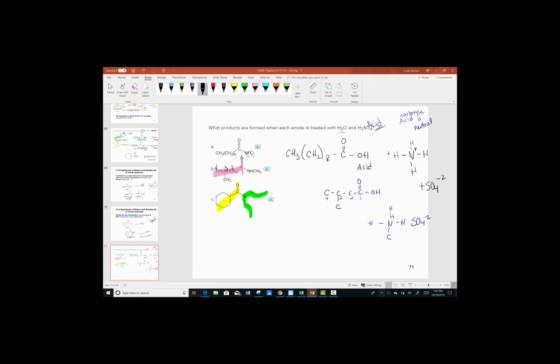So the carboxylic acid ends up neutral in an acid solution. I form the carboxylic acid, and this time the nitrogen has 1, 2, 3 in both directions. So I have 1, 2, 3, 1, 2, 3. A hydrogen gives me a +1 formal charge, and the sulfate negative would be close by. Those are called salts.